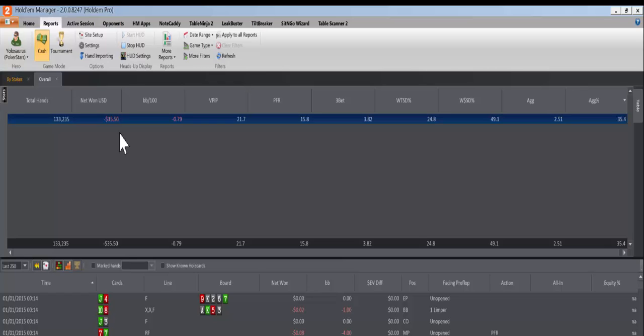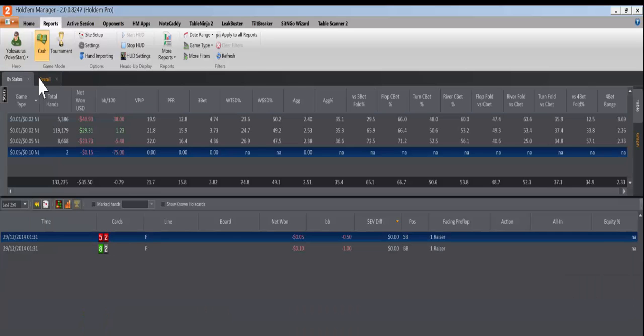After that, we will try to analyze the stats of that combined group of players and see if there are any specific tendencies that we can possibly try to exploit. And lastly, we are going to be creating a new HUD from scratch. So hopefully we can learn to use this software better.